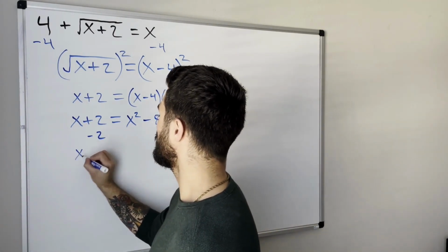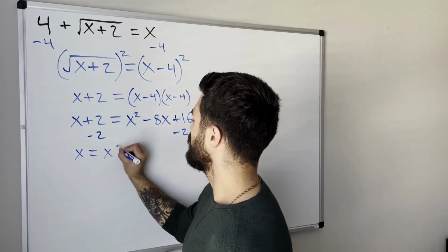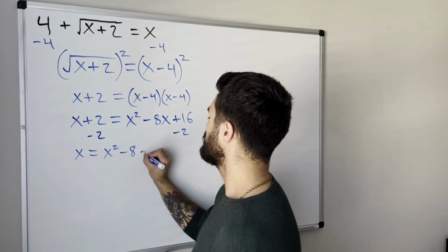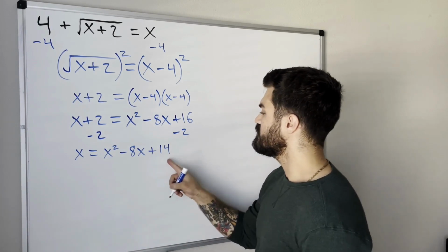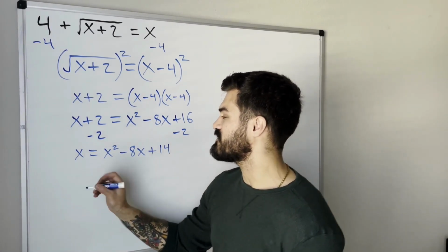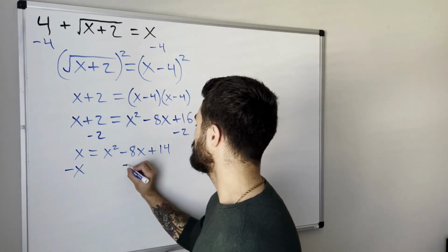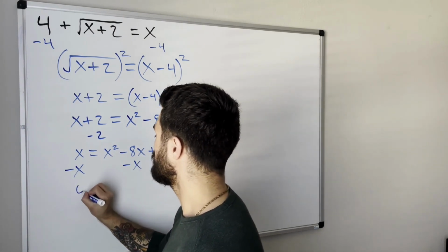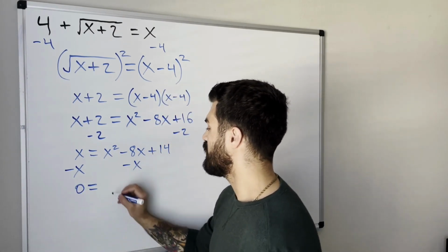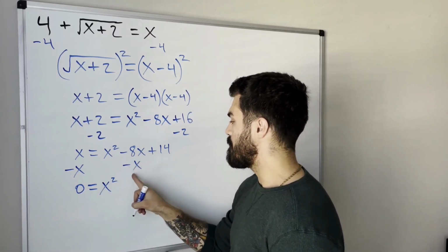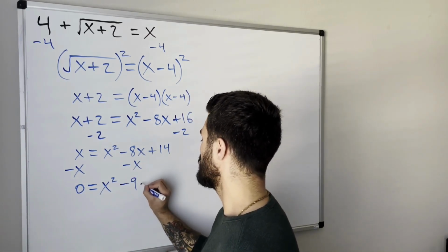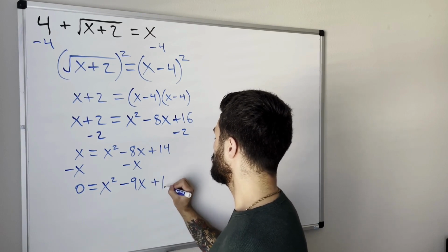On the left-hand side now I just have x, and on the right-hand side I have x squared minus 8x plus 14, because 16 minus 2 gives me that 14. Now I just have to subtract x from both sides, and when I do that I have 0 on the left, which is exactly what I wanted, and on the right-hand side I have, let's see, negative 8x minus x, that's minus 9x plus 14.